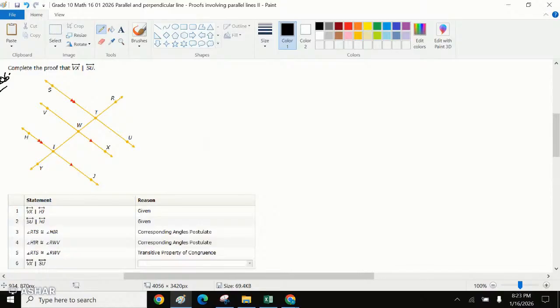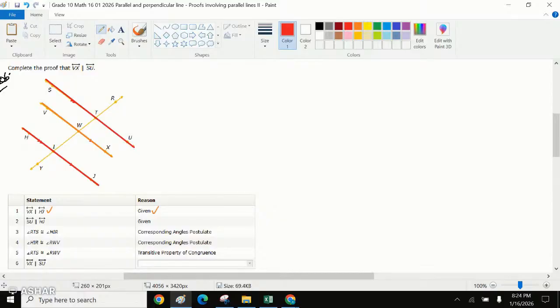If the lines B and C are parallel to each other, then the lines SU and HJ, if line 1 is parallel to line 3.